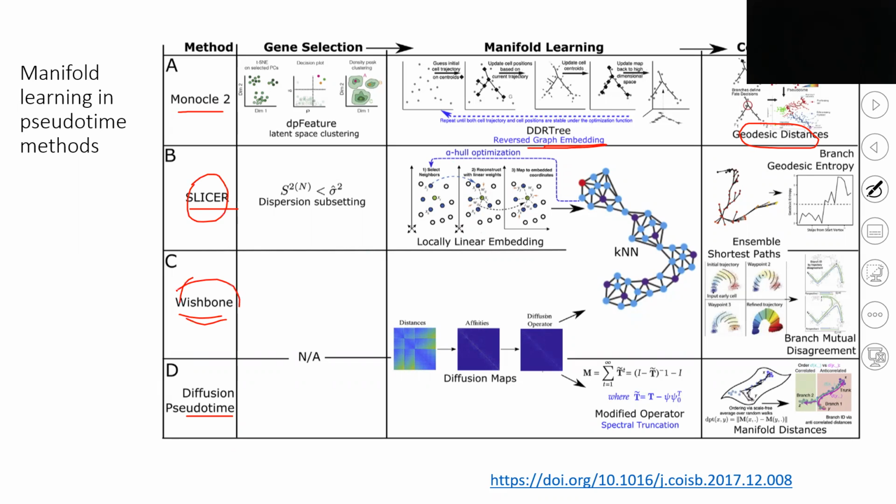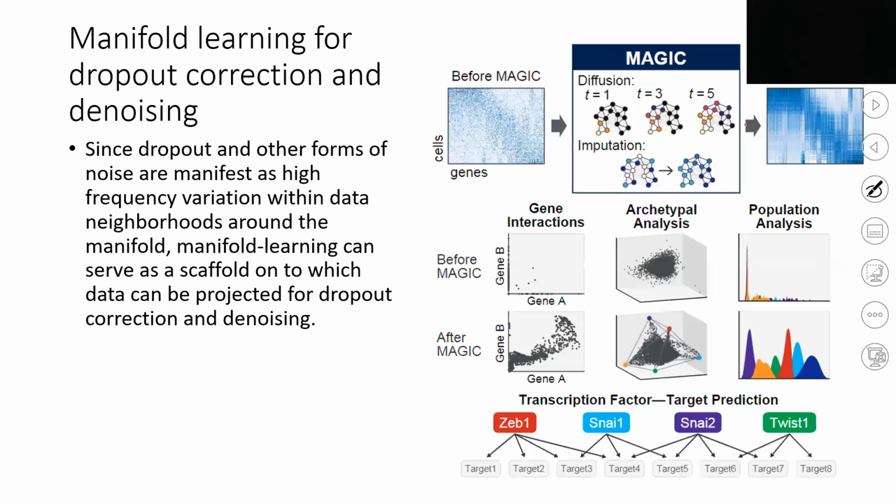This especially uses the KNN. Okay, so look at the manifold, diffusion, geodesic. They all have this manifold learning concept behind.